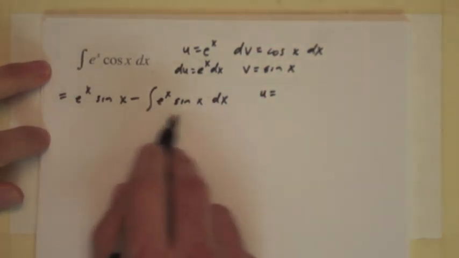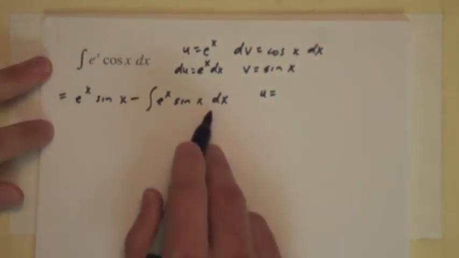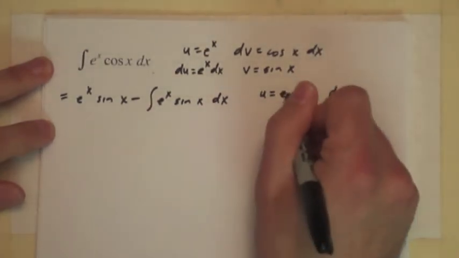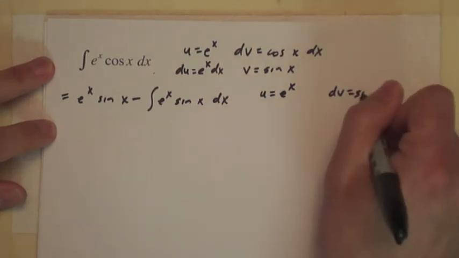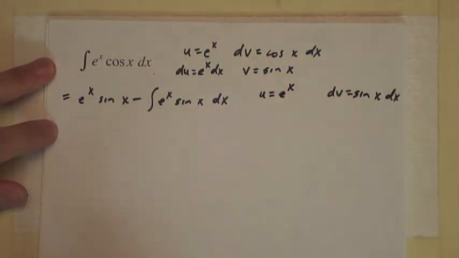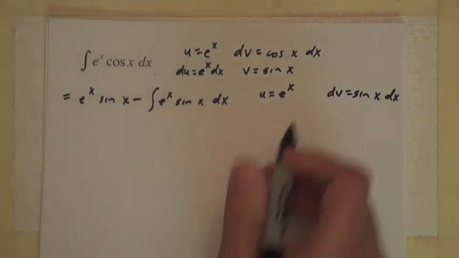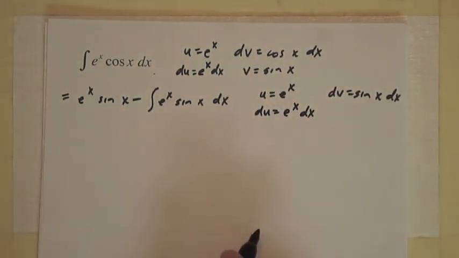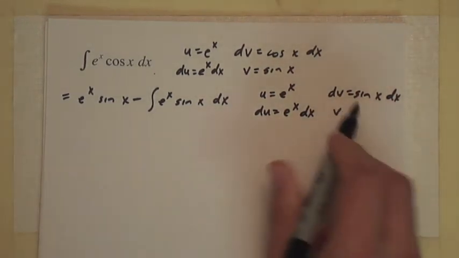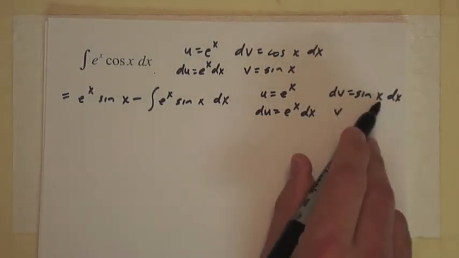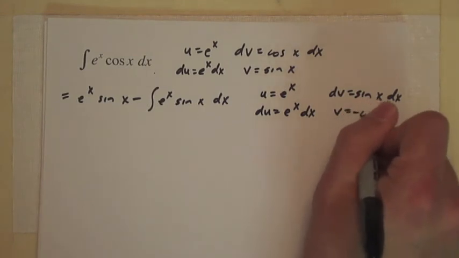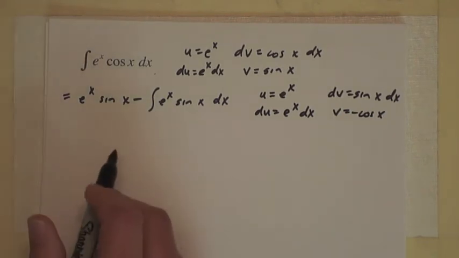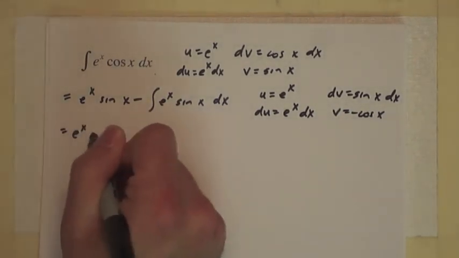So to do this integral that we're left with, we have to do integration by parts again. U equals, let's do it again, e to the x, dv is sine x dx. Again, if u is e to the x, the derivative is e to the x dx, and the antiderivative of sine x is negative cosine x. So what happens?